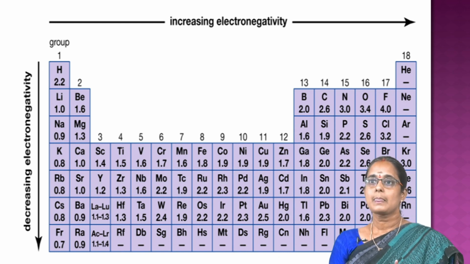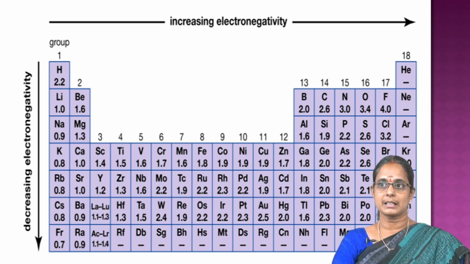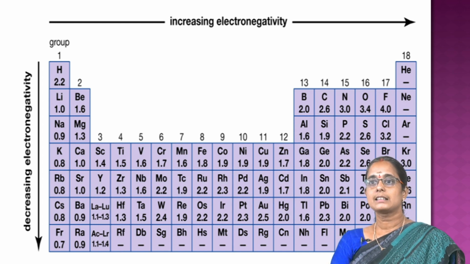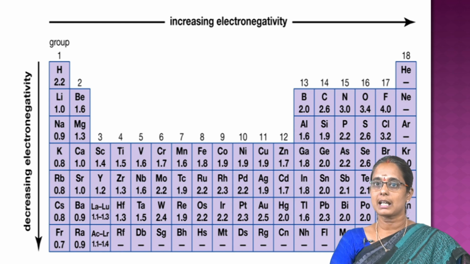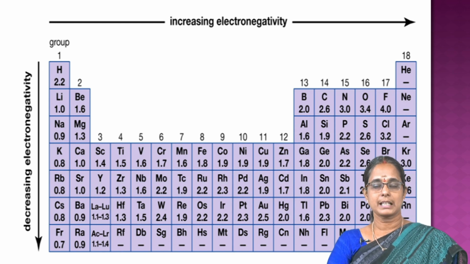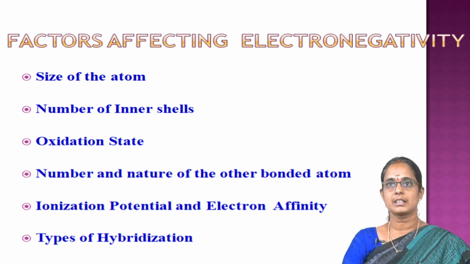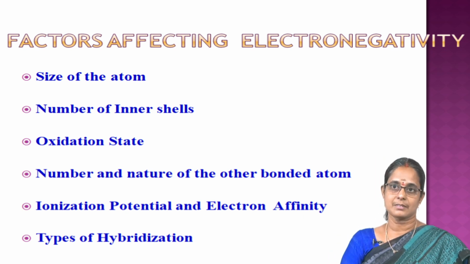For example, the most electropositive element is cesium in the first group, and fluorine is the most electronegative element in the periodic table. What are the factors affecting the electronegativity? First one is the size.